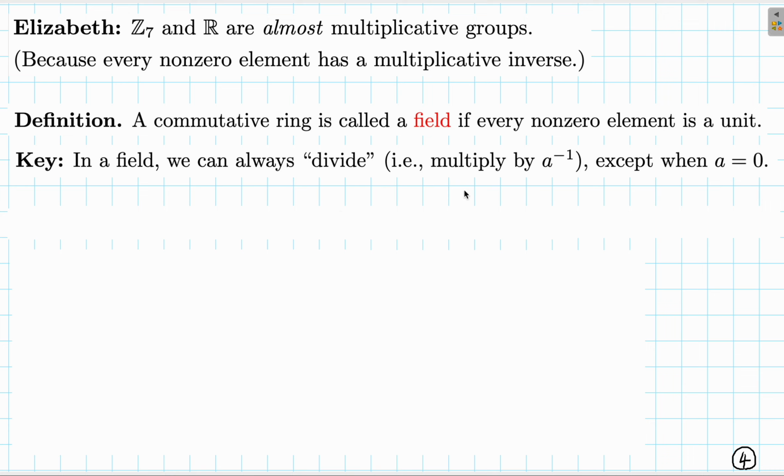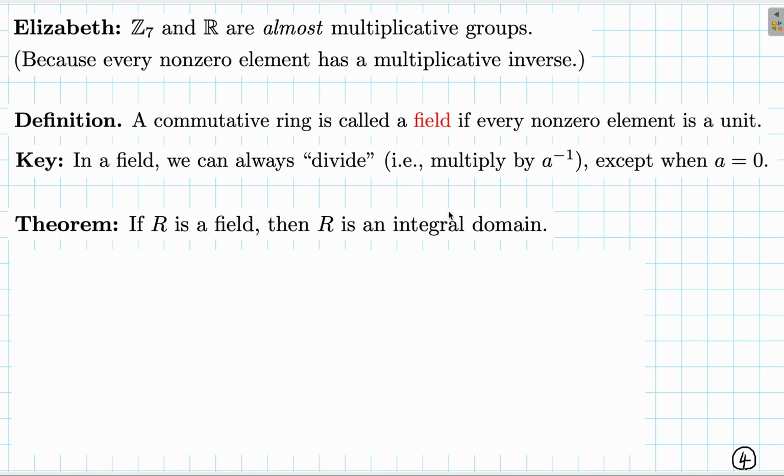Now, examples of a field include Z7 and the real numbers R. And it turns out that both of those fields are also integral domains. And in fact, that's always true. Here's a theorem. If R is a field, then R is an integral domain.